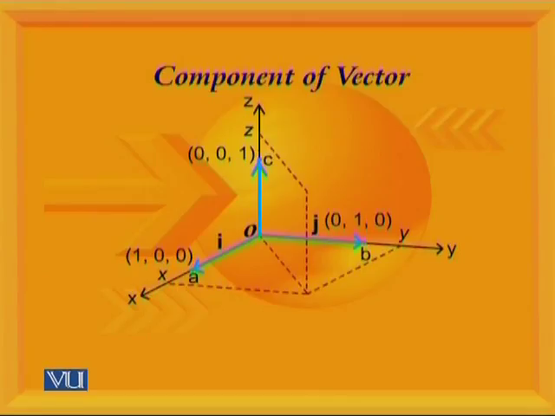If we have a point in space having coordinates x, y, z, then the vector OP can be written as xi plus yj plus zk. And if we denote this vector OP by R, then this resultant vector R is equal to xi plus yj plus zk.